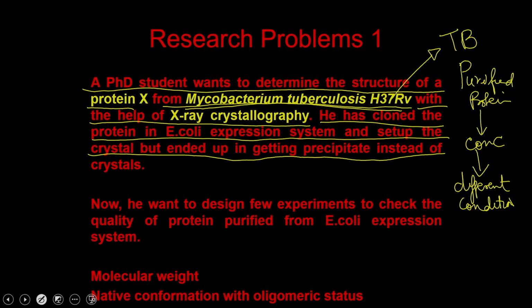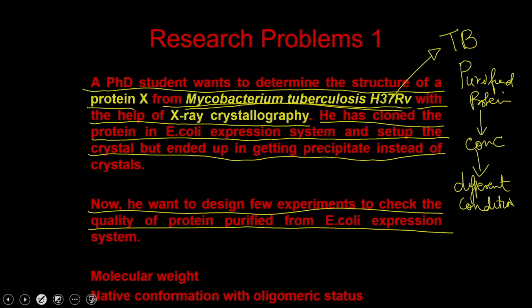So, he wants to design a few experiments to check the quality of the protein purified from the E. coli system. By the quality of the protein we mean that he would like to determine the molecular weight of the protein, ask whether the protein is present in the native conformation, and determine the different oligomeric status of this particular protein.